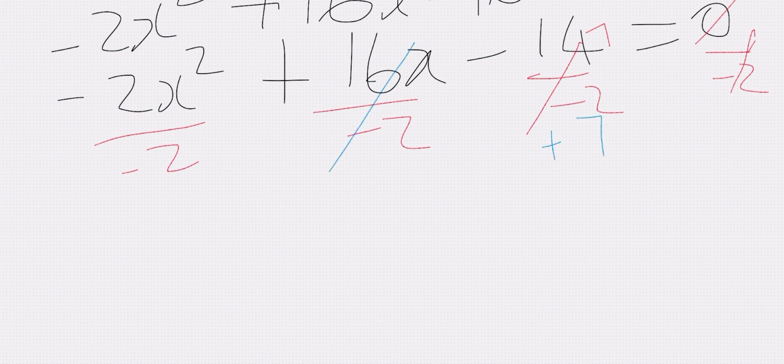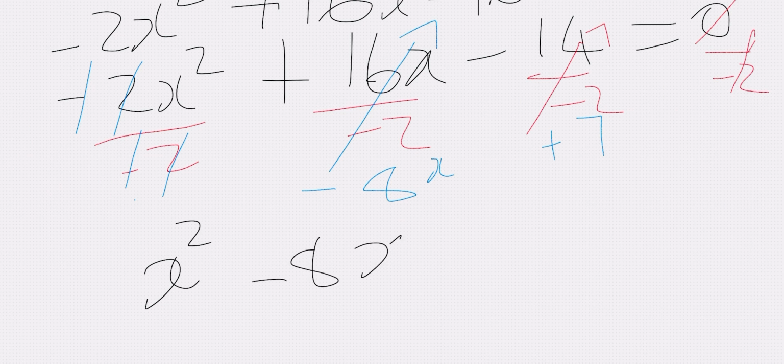And also this will turn into minus 8x. And this cancels with this, then you're left with x squared. So then the resulting equation will be x squared minus 8x plus 7 is equal to 0.